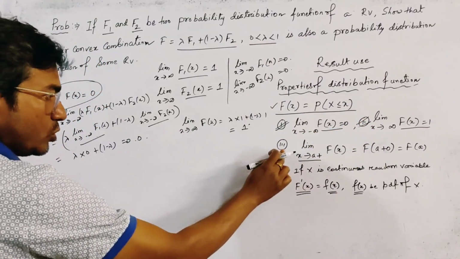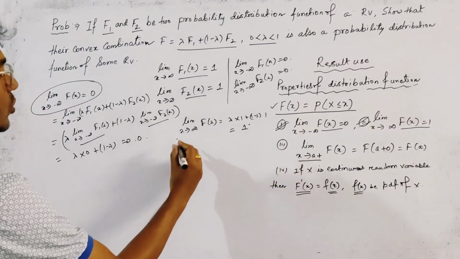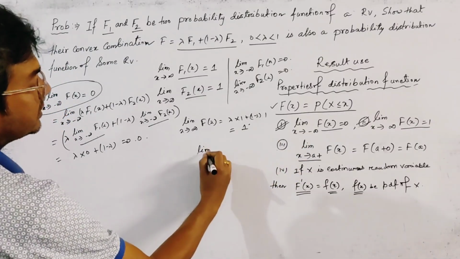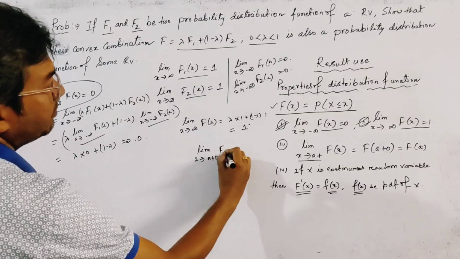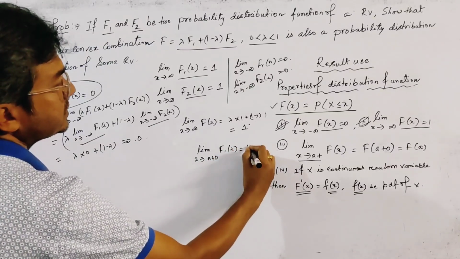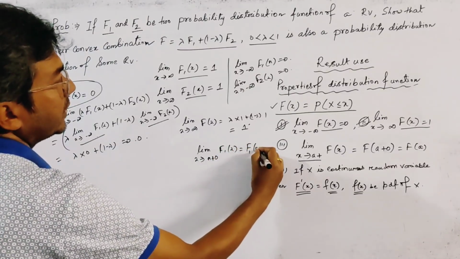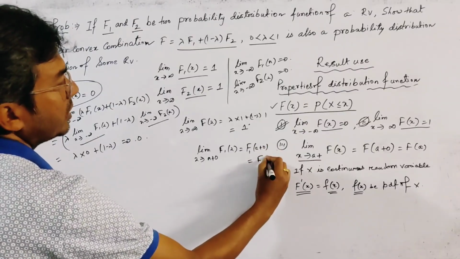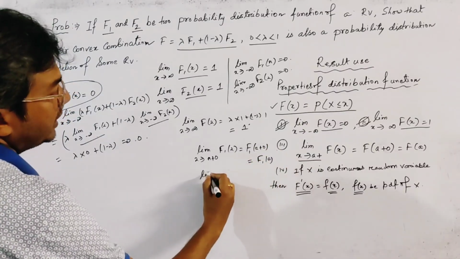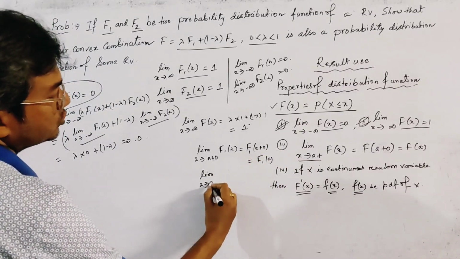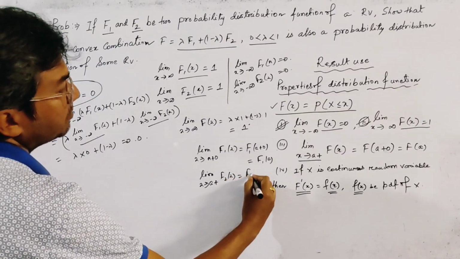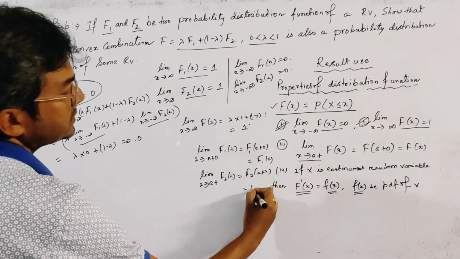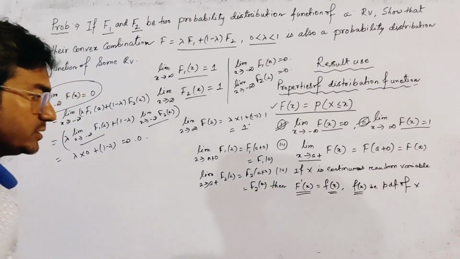Now to show the next property, limit x tends to a plus 0 of F1(x) is F1(a plus 0), which is F1(a), and similarly the limit of F2(x) is F2(a).